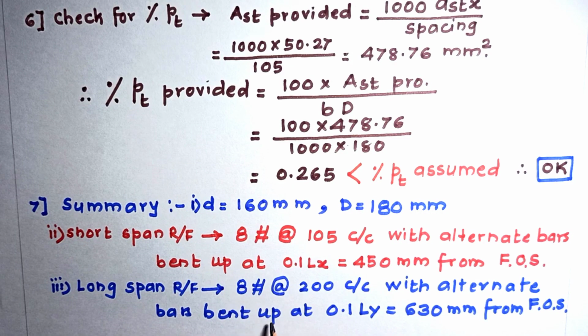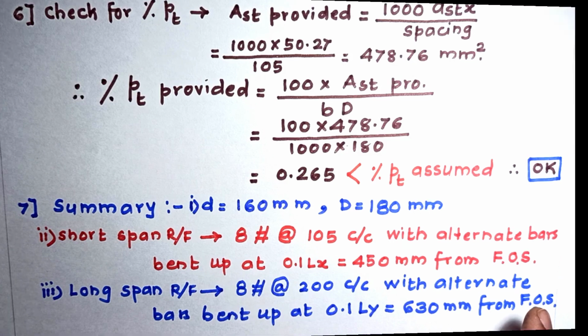Bars bent up at 0.1 ly, that is 630 mm from the face of support. So this is the complete design, and the last step is to draw the sketch.